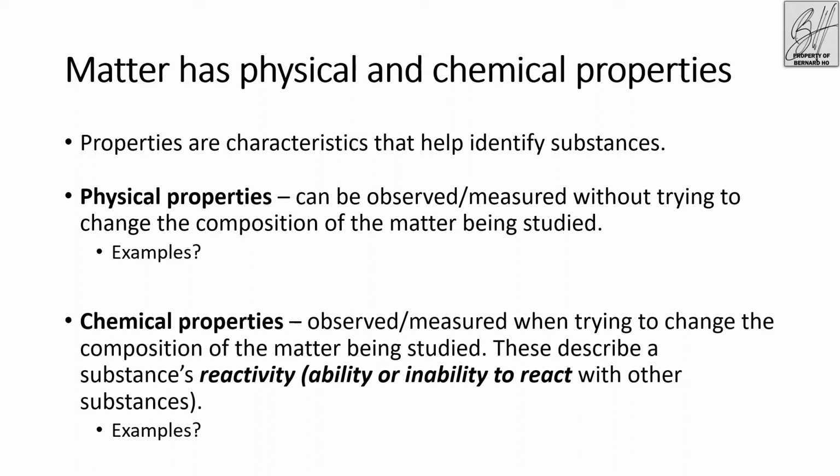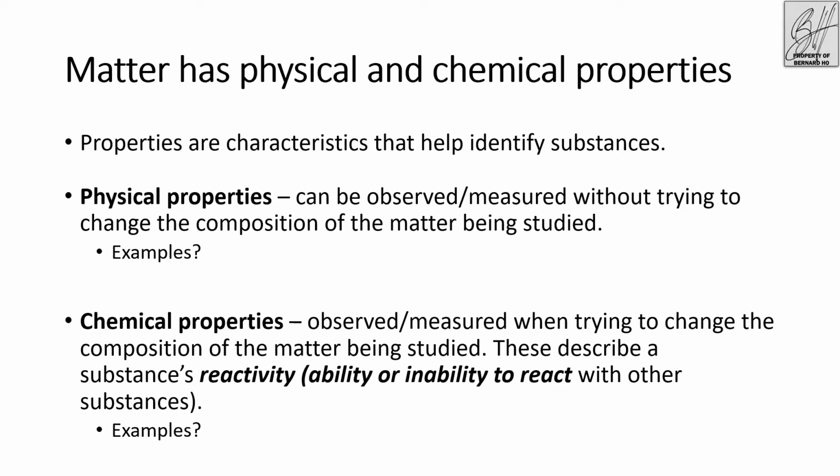By comparison, chemical properties are properties that are observed or measured when the composition of the substance is changed. These properties can only be observed when the composition changes, and some examples include flammability, toxicity, acidity, heat of combustion, corrosiveness, etc. And these examples all relate to the substance's reactivity.